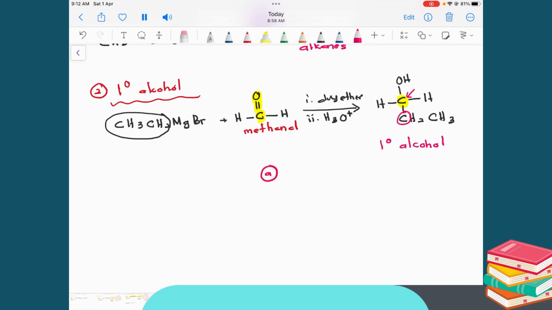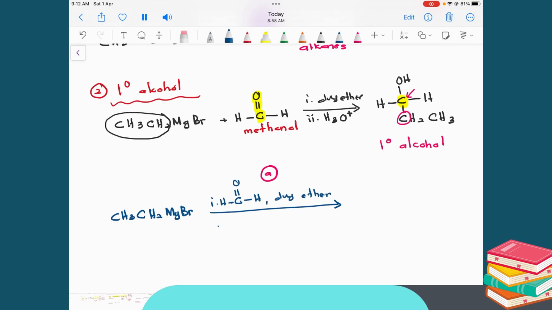The second method will be like this. We write the Grignard, and then the equation: number 1, methanal, dry ether, number 2, hydrolysis.